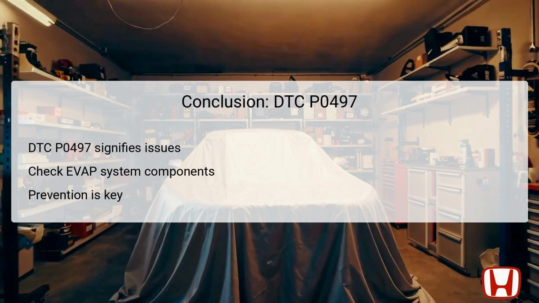In conclusion, DTC P0497 indicates problems within the EVAP system specifically relating to low purge flow. It's vital to conduct thorough checks of all associated components, including the EVAP canister, purge valve, and FTP sensor to accurately diagnose issues. Systematic troubleshooting steps aid in pinpointing failures and ensuring solutions are implemented effectively.